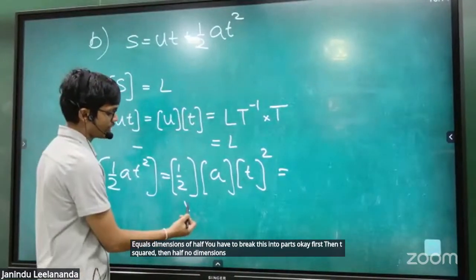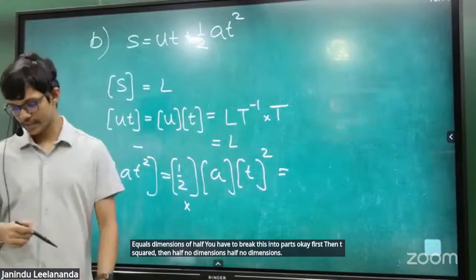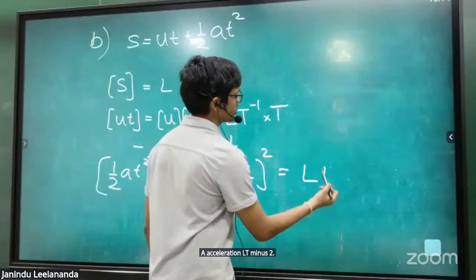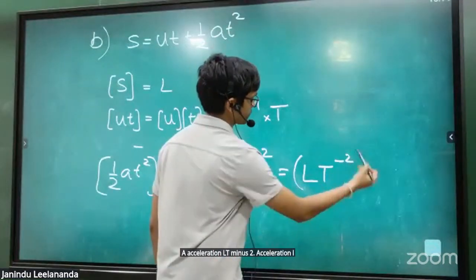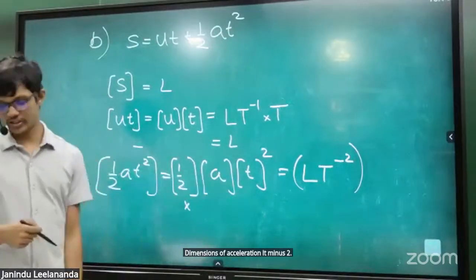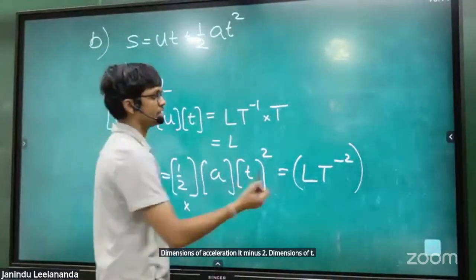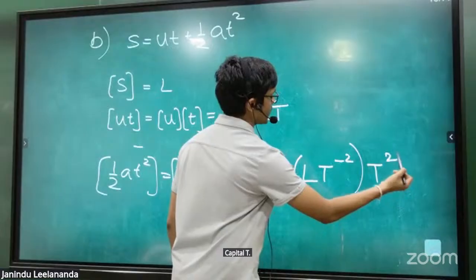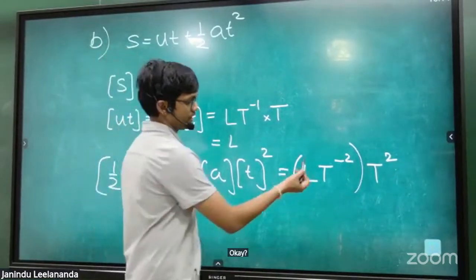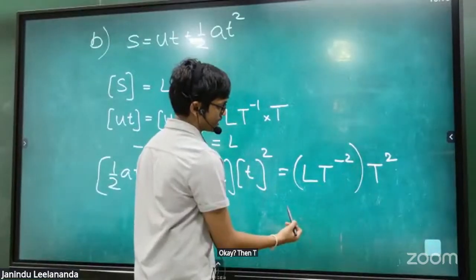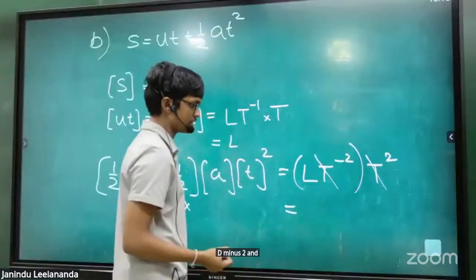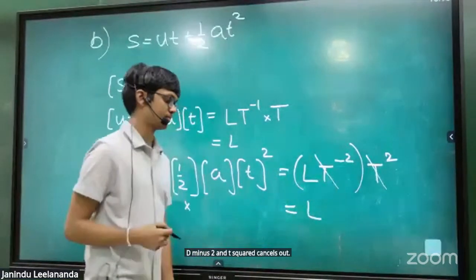Acceleration a has dimensions LT^-2, and t has dimensions T, so t squared. Then T^-2 and T squared cancel out, and I get L.